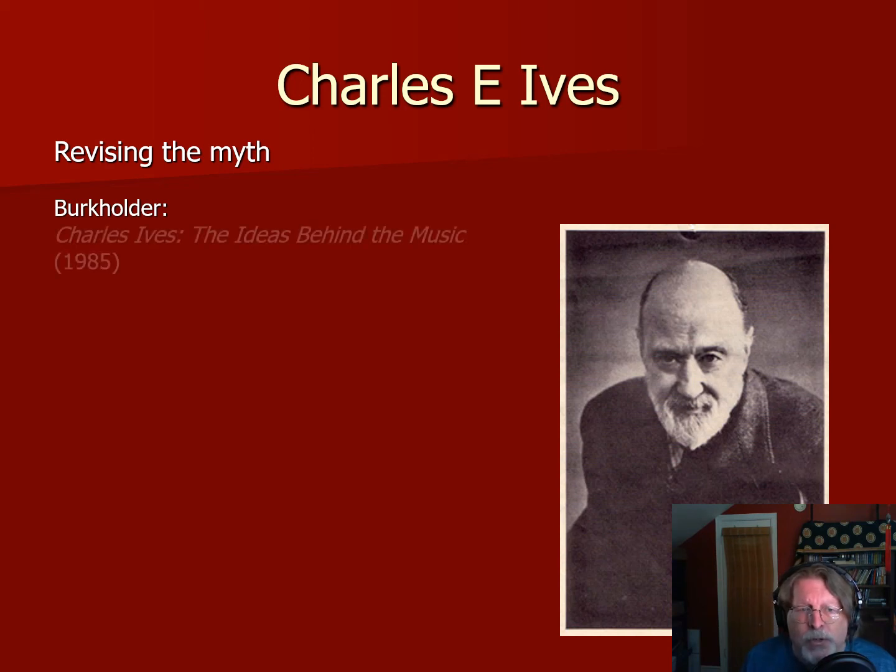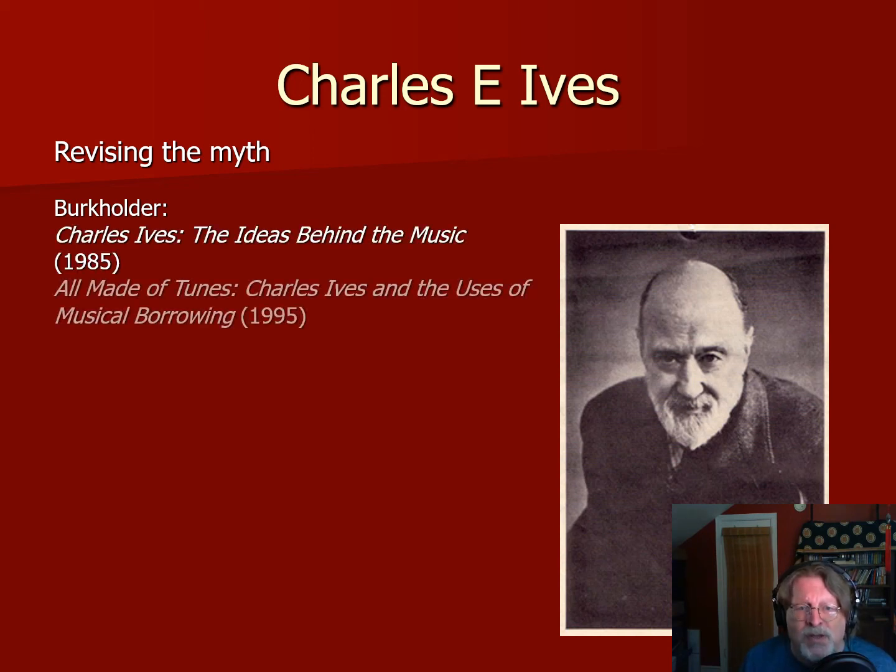Peter Burkholder, whose dissertation was in fact turned into two books. First, Charles Ives: The Ideas Behind the Music, which is about Ives's family and intellectual background, what he did and didn't get from the transcendentalist philosophers, the ideas that shaped how Ives's music, the what should music do part of the question.